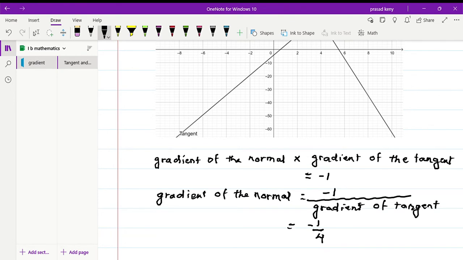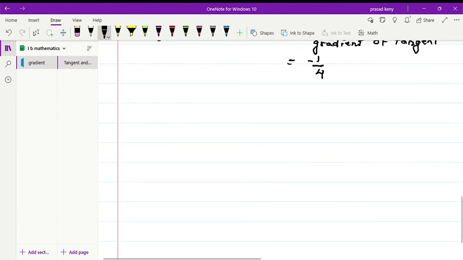So let us just quickly revise this concept by taking a simple example.